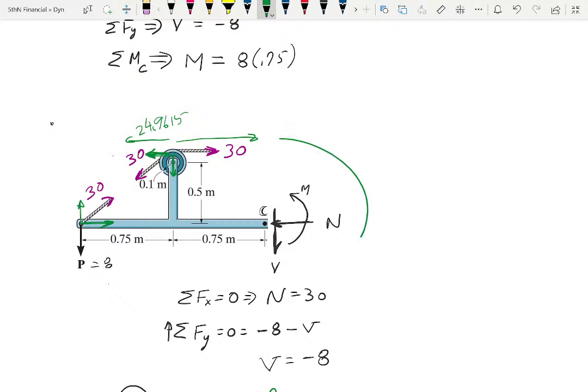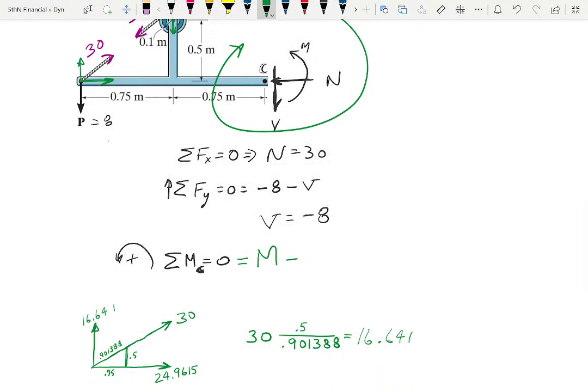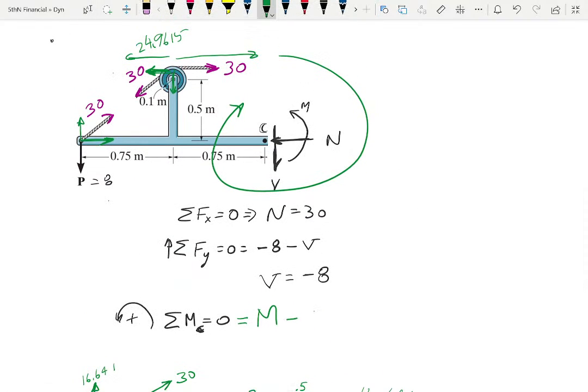That's going to be an equivalent moment that way, which will be minus 30 minus 24.9615. Moment arm is this plus that, 0.6.